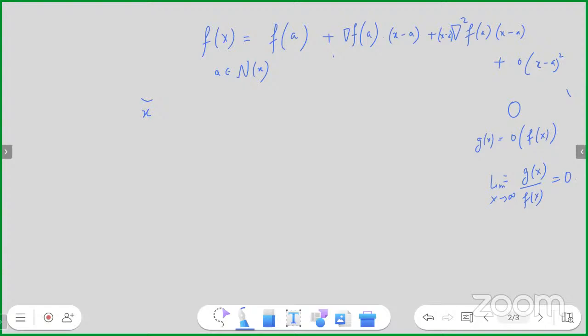What does the convexity of f tell me here? It should be greater than or equal to plus. So there is something actually wrong in this equation. Hopefully somebody will fix it.